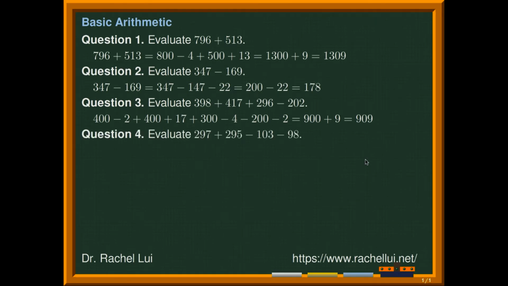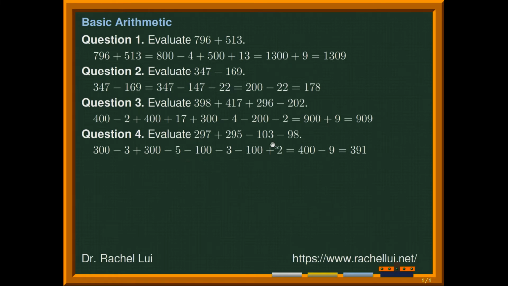Question 4. Evaluate 297 plus 295 minus 103 minus 98. So right now, I think you know how to break down all these numbers. 297 would be 300 minus 3. 295 would be 300 minus 5.